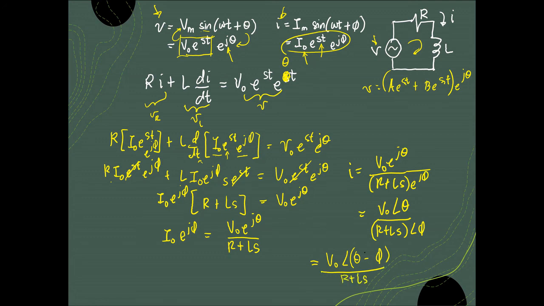Now R plus Ls is actually the impedance, so V0 over the impedance. We will define this Ls later on. So that's your current, I is equal to this. You can have this as your final answer.